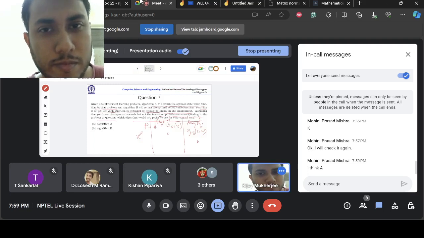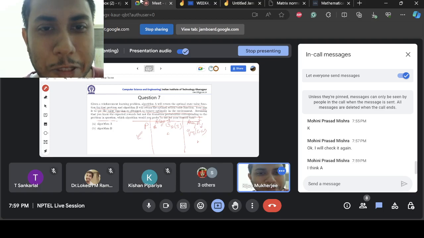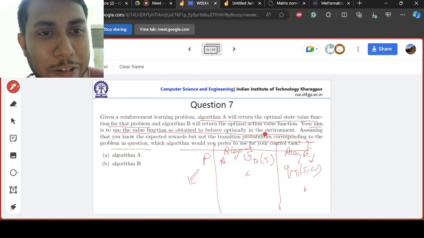Why A? A requires a certain specific thing which you don't have. What does A require? A requires the transition probability.